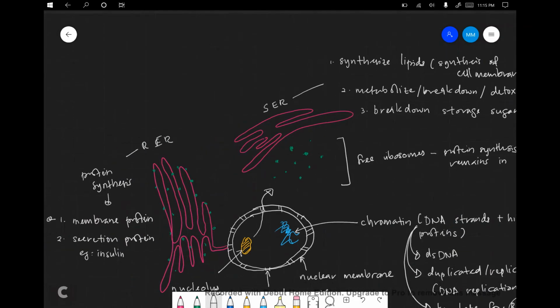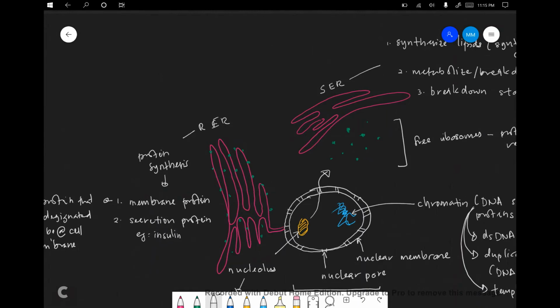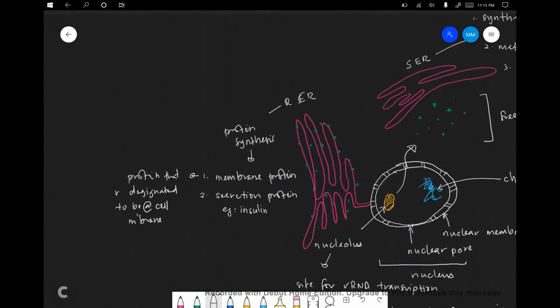Right, now the business of the rough endoplasmic reticulum has not completed yet, because as we have identified earlier, the protein produced by the rough endoplasmic reticulum is not meant to remain in the cell. It must be located either at the cell membrane or it should be secreted out from our cell. Okay, example, insulin.